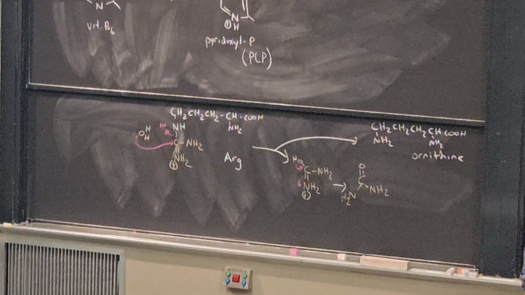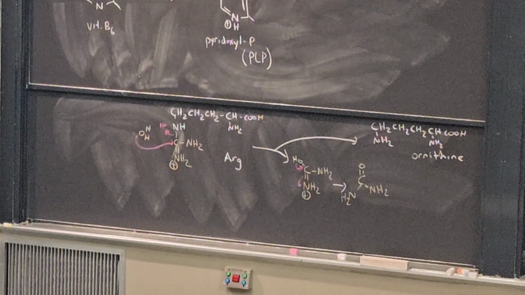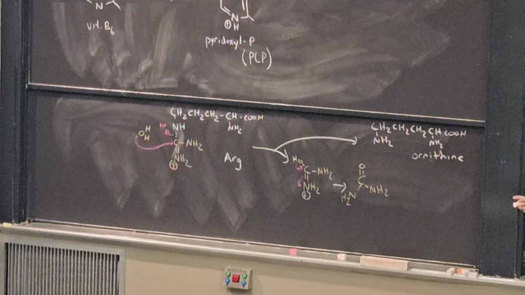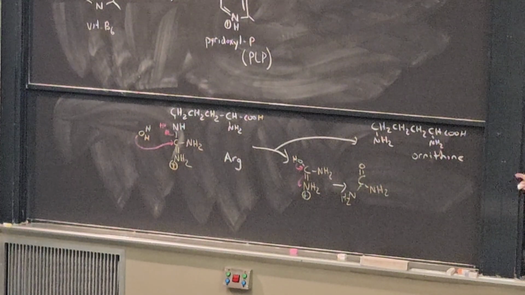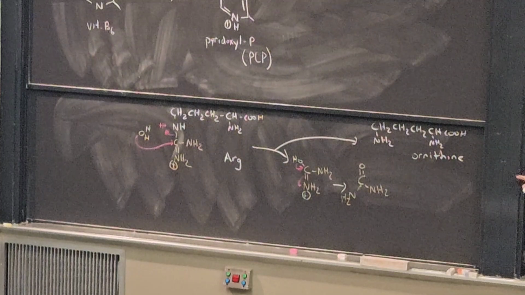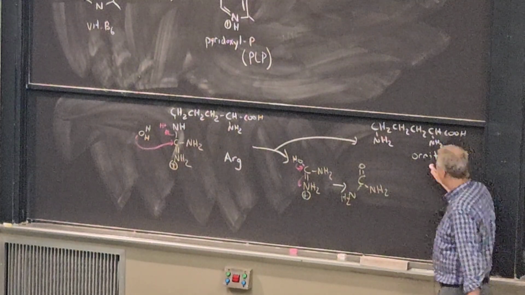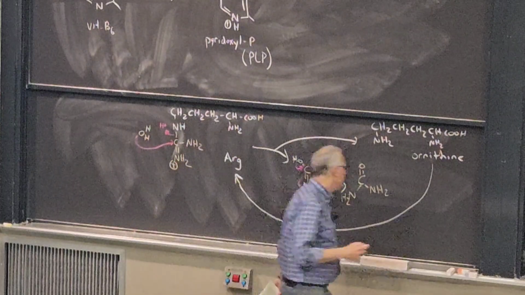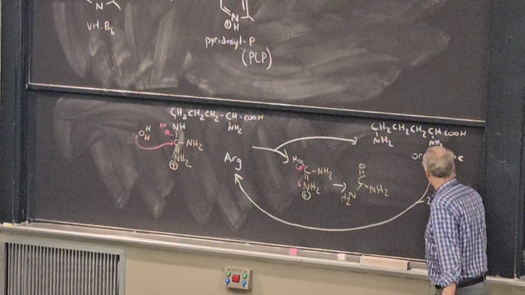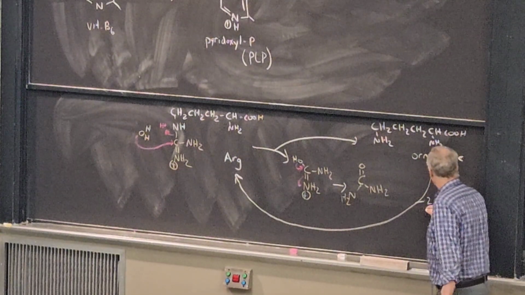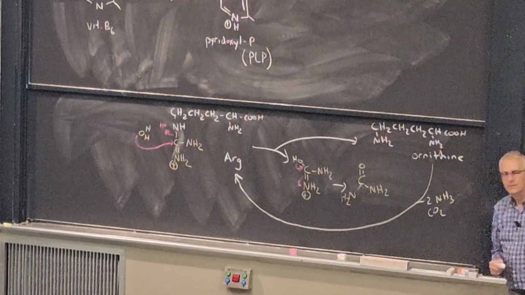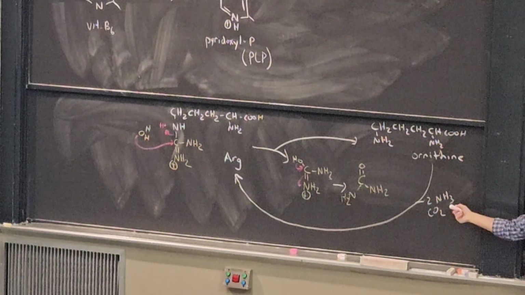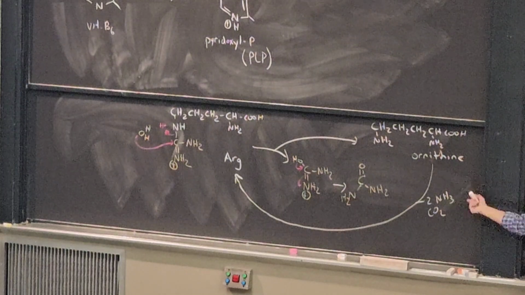And so effectively, if I can make arginine, I can take the arginine, release urea from the arginine by the reaction I just showed you, and I get ornithine. Then if I can take my ornithine and regenerate an arginine, which is basically adding 2 amino groups and a CO2, that is a cycle I can run that now allows me to excrete urea.